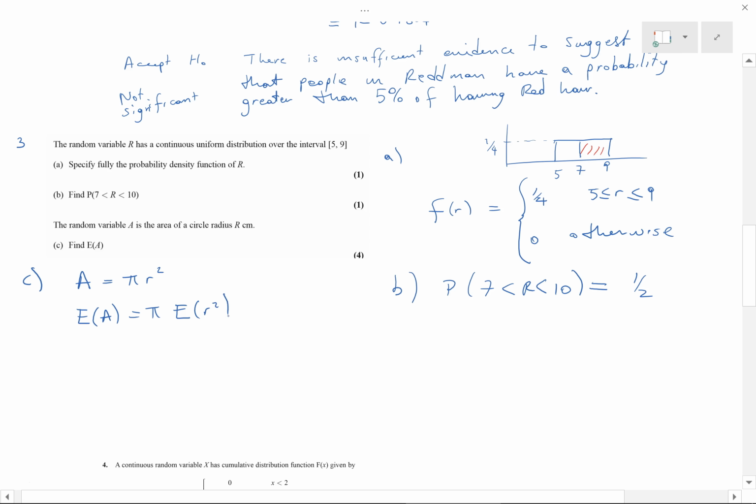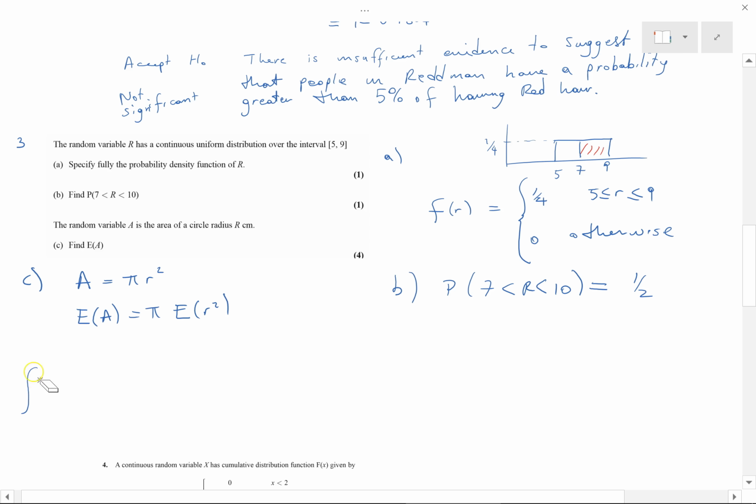Now, we've got 2 choices for working out the E(R squared). We could either work out E(R squared) from integration, using the integral of r squared f(r).